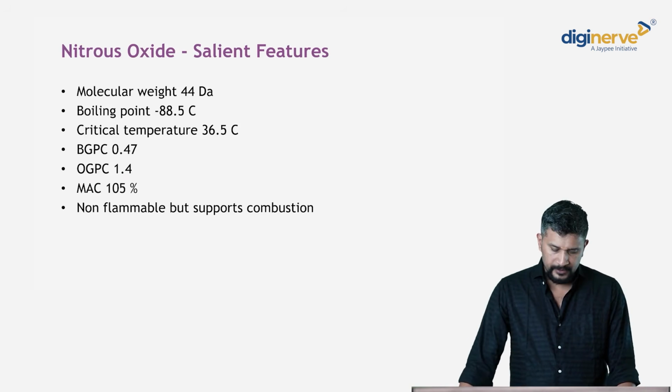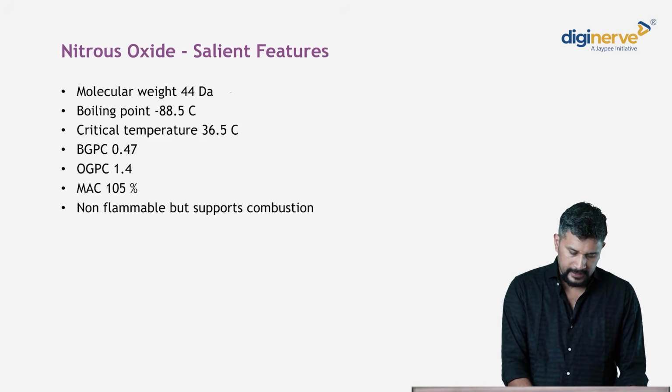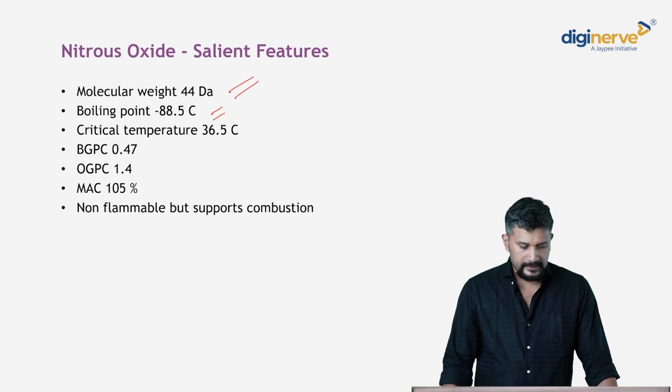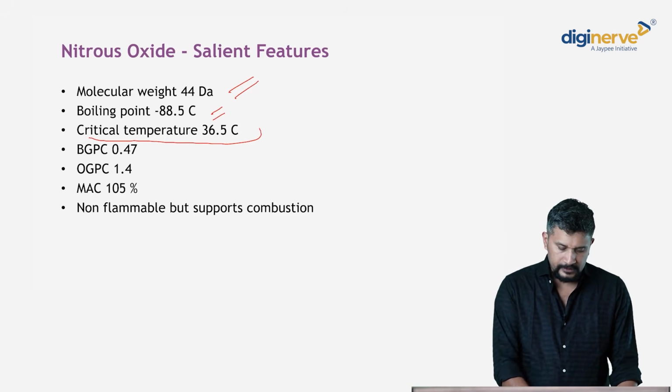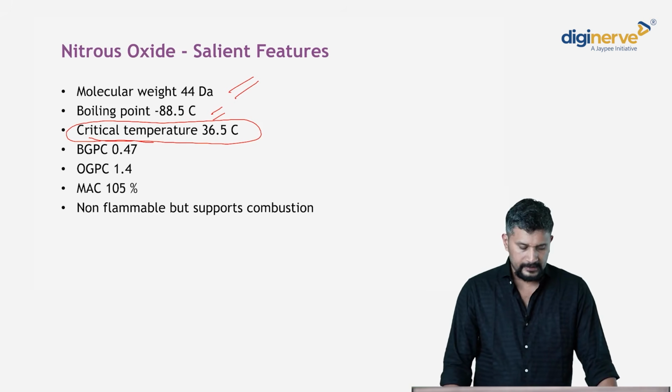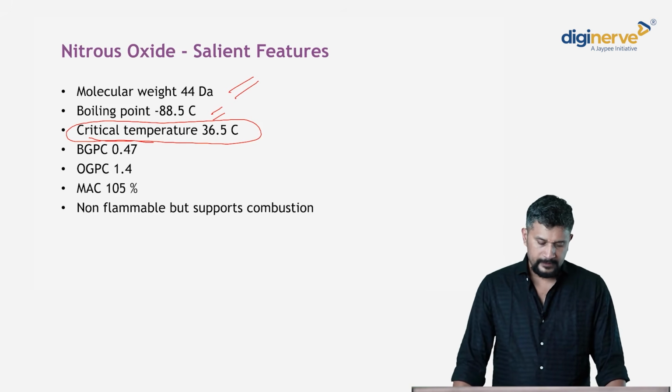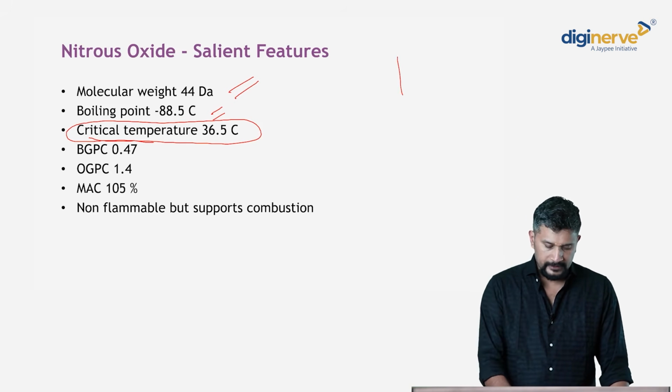Its physical attributes: a molecular weight of 44 Daltons, a boiling point of minus 88.5 degrees Celsius, and a critical temperature of 36.5 degrees Celsius, which is a little higher than the OR temperature, and therefore nitrous oxide is provided to us in liquid form in the cylinder.